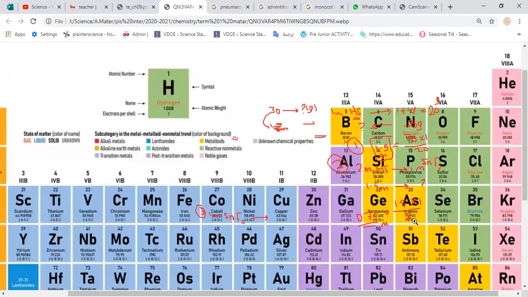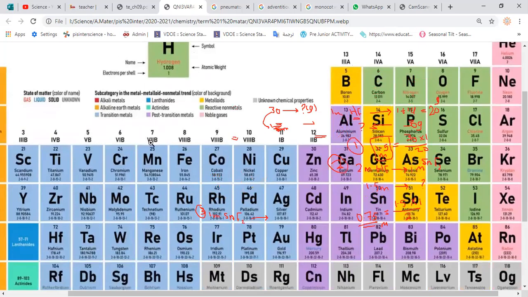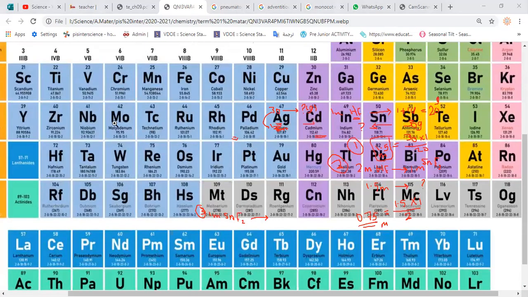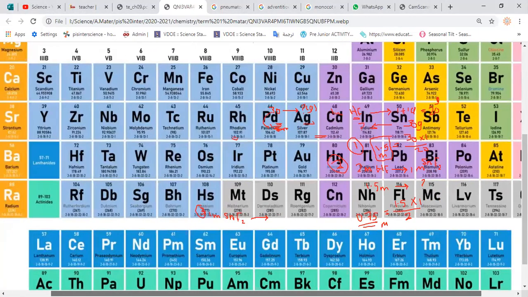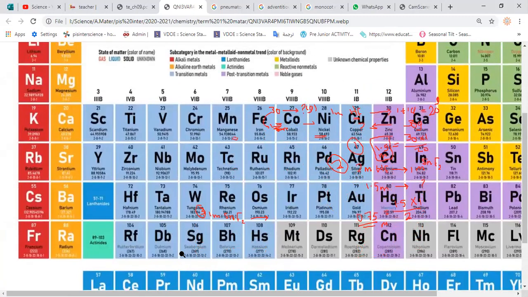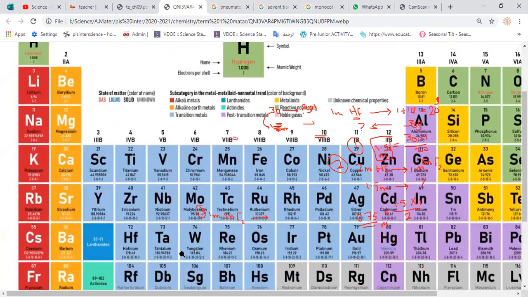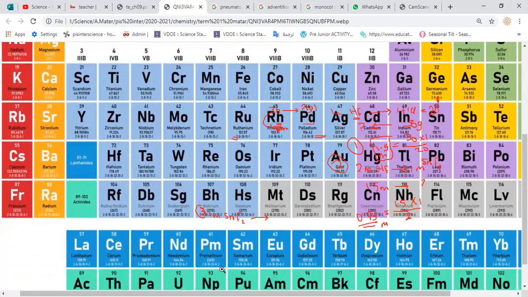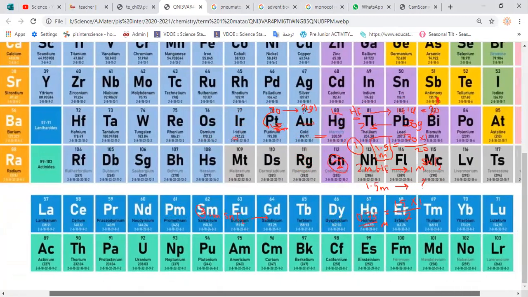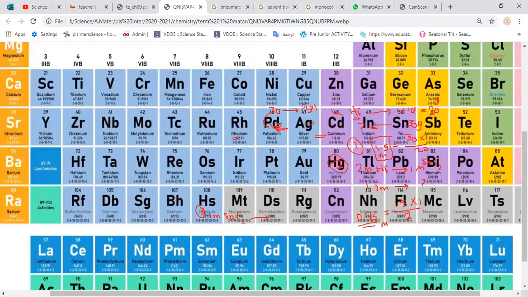So let's find where tin is. Fluorine is 19. Where is tin? Could you find it? Tin is 118, or approximately 119.